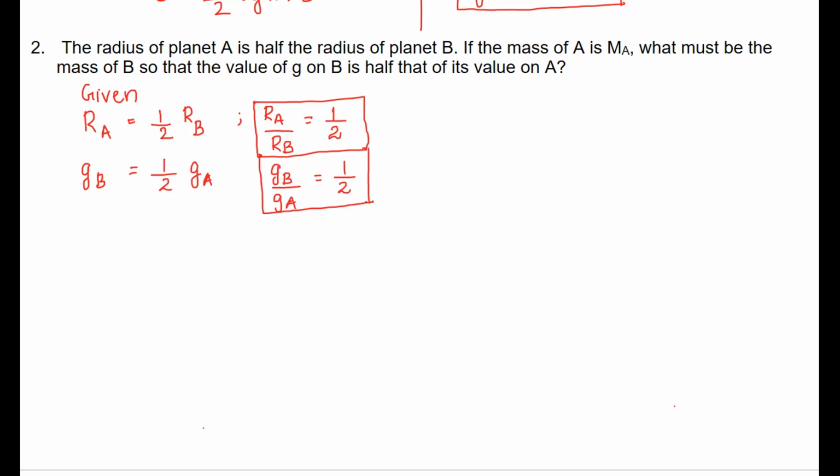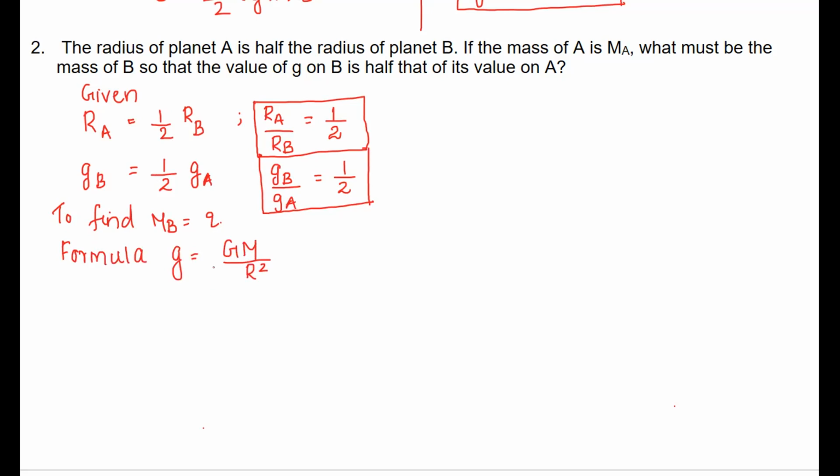We want to find out mass of B. To find MB, mass of planet B, we know that the formula for g, acceleration due to gravity, is g is equal to GM/r², where capital G is universal gravitational constant.